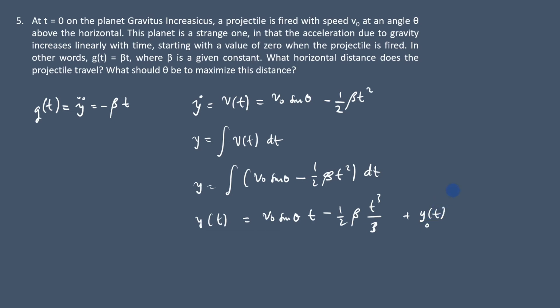Where we have used the initial values of y and y dot. So this is the first condition, that this is 0 and this is 0 at the initial value. So we can write it as Vo sine theta times t minus 1/2 beta t cubed divided by 3 equals 0.